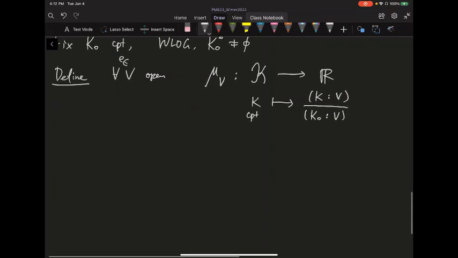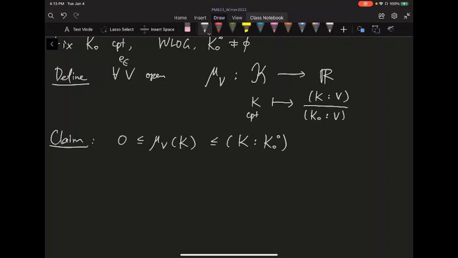All right, so first of all, let's prove that this mu_V we defined is actually not going to be infinity. So let's make the first claim. I want to show that this mu_V of K is less than or equal to the following: (K : interior of K0).